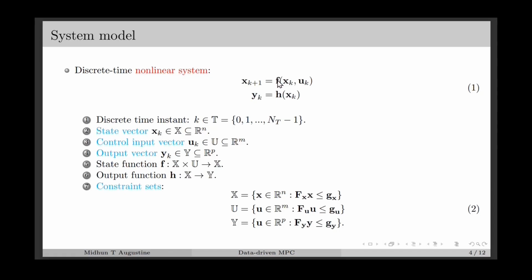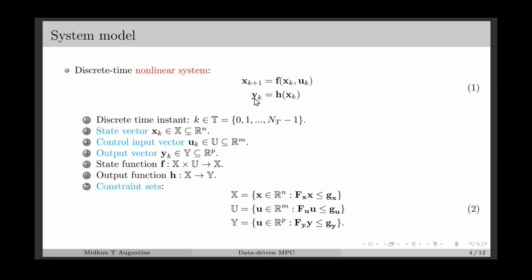Here, this f and h are the nonlinear functions which represent the state dynamics and output dynamics. In the conventional NMPC, this f and h are assumed to be known. In other words, the structure and the parameters in this f and h will be known. Therefore, we can use these functions for predicting the state and output data.